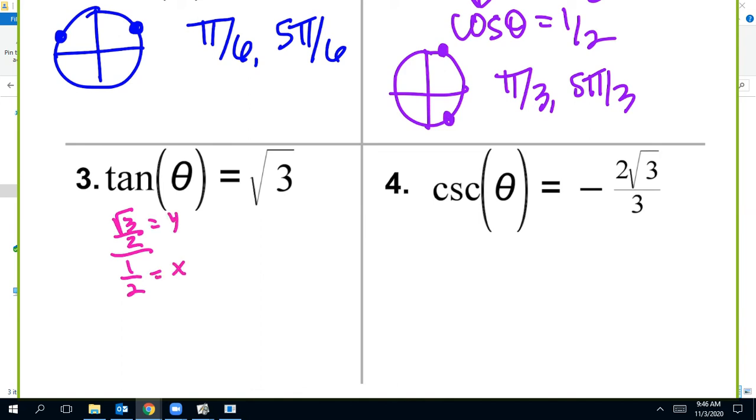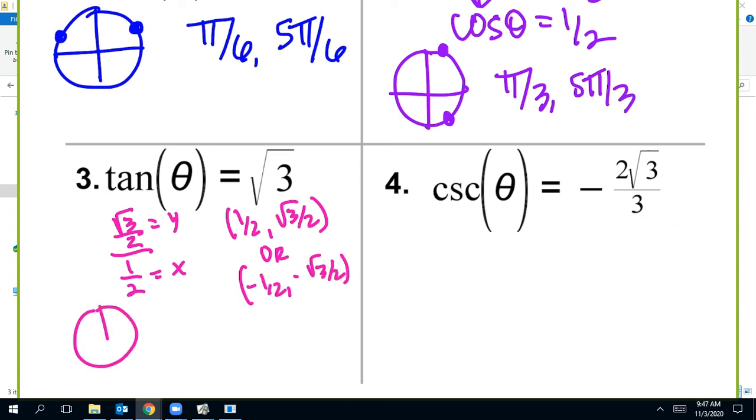And so I know my ordered pair is 1/2, square root 3 over 2, or negative 1/2, negative square root 3 over 2. Because remember, with tan, positive, positive, or negative, negative will have a positive tan. And so that's going to be this one or this one, which is pi over 3 or 4 pi over 3.